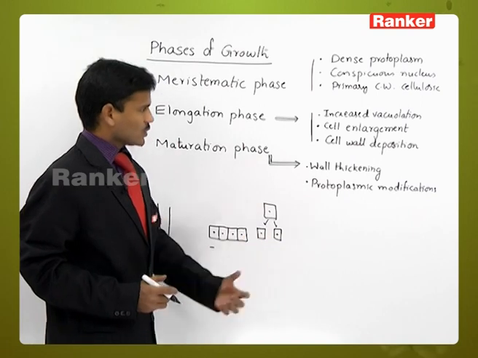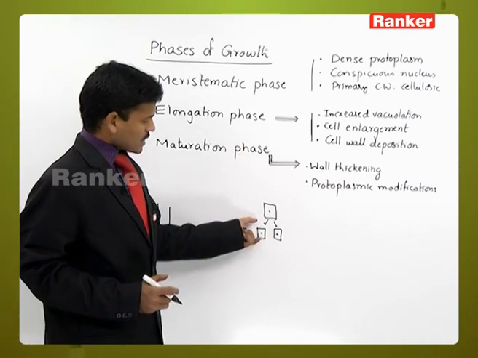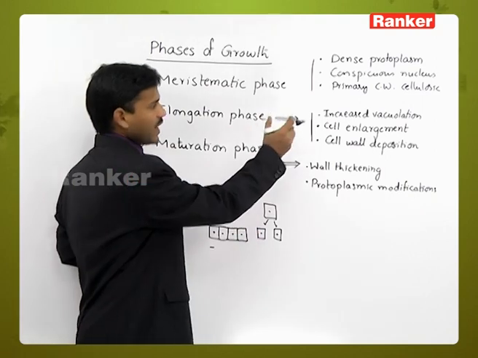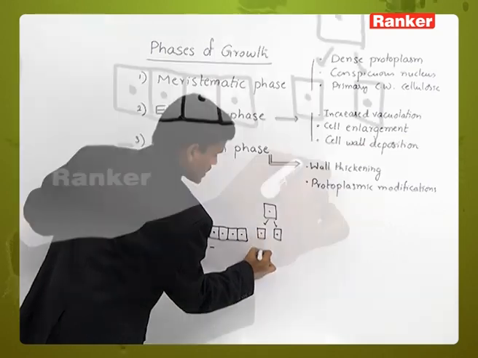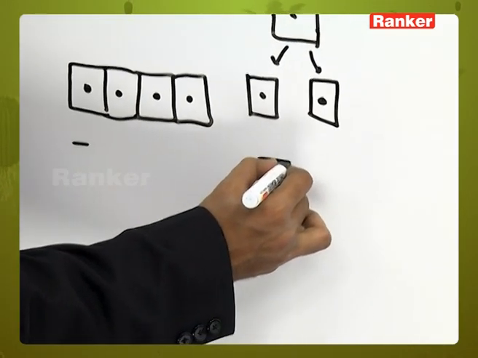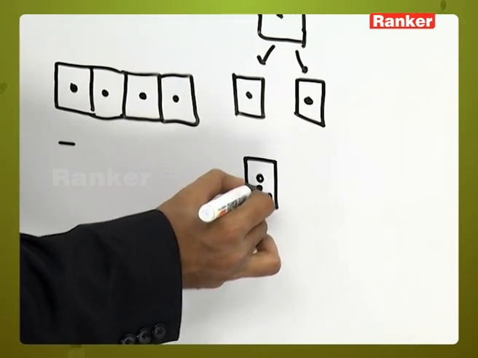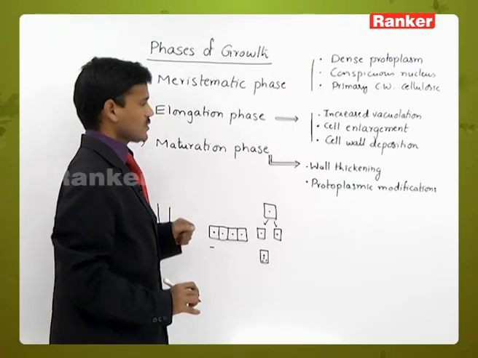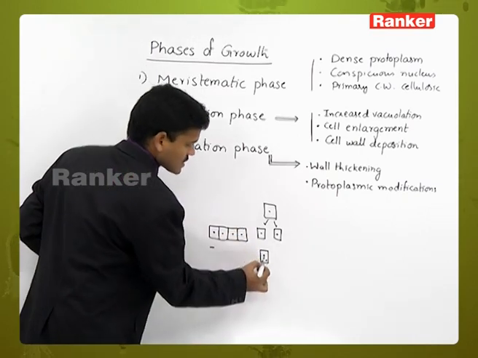These two daughter cells are smaller in size. So how does the growth take place? The daughter cells are young cells. Vacuolation occurs, which means small vacuoles are formed in the cells. Then the cell enlarges, gradually elongating in size.